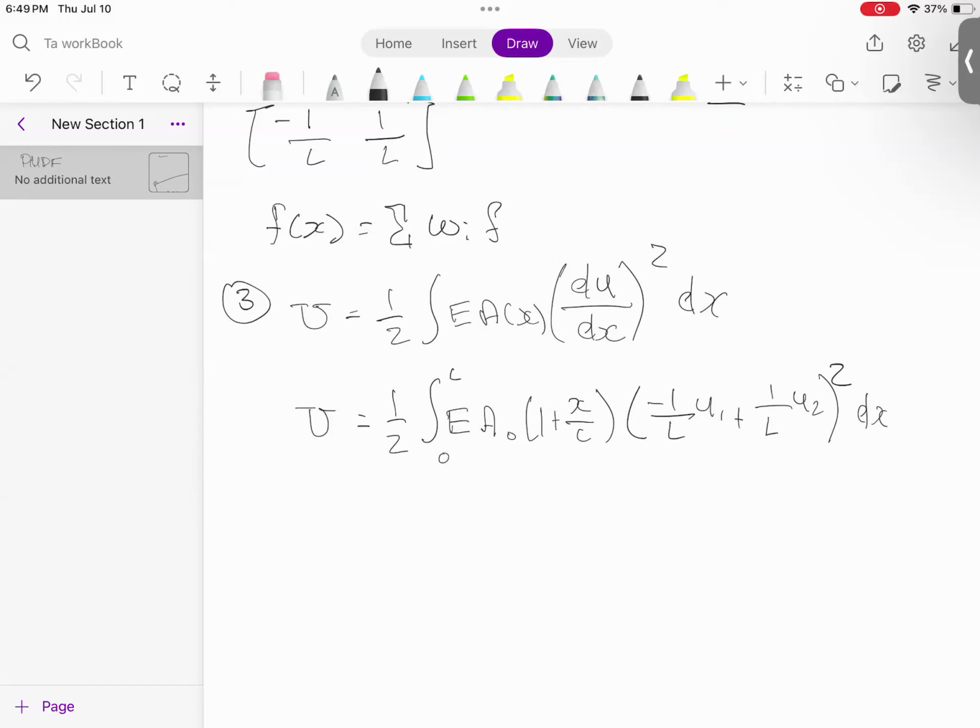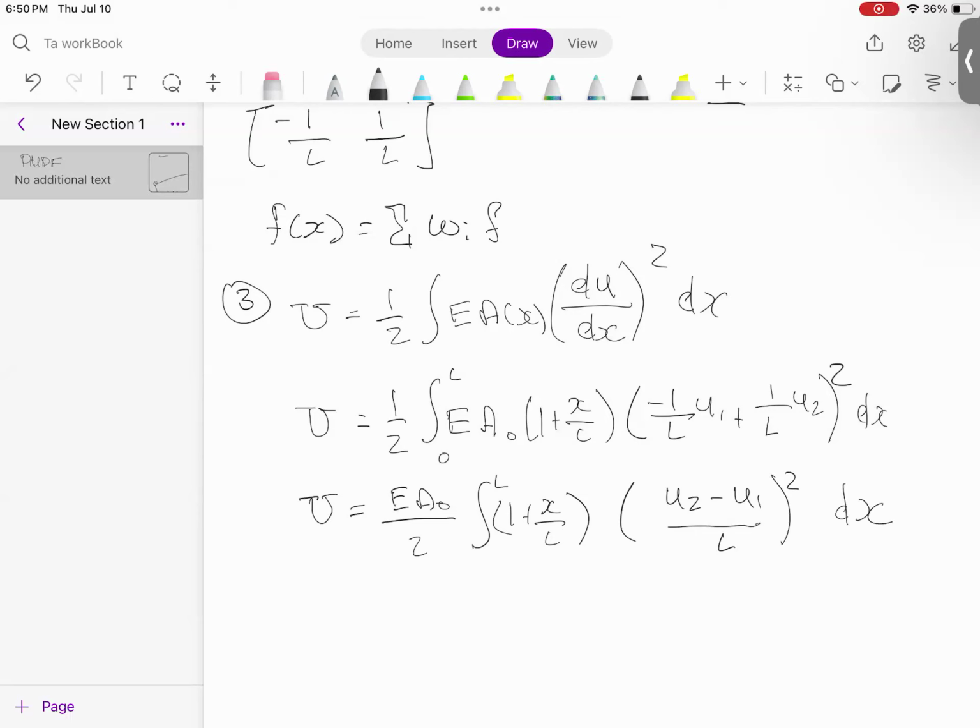Now we want to evaluate the integral and reduce the function. So we'll say E A naught over 2 times the integral of 1 plus x over L. What we really want to do is isolate the 1 plus x over L, but first take care of our displacement term: u2 minus u1 over L, squared dx.